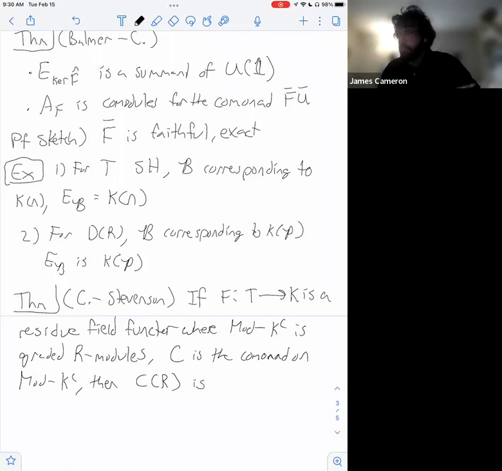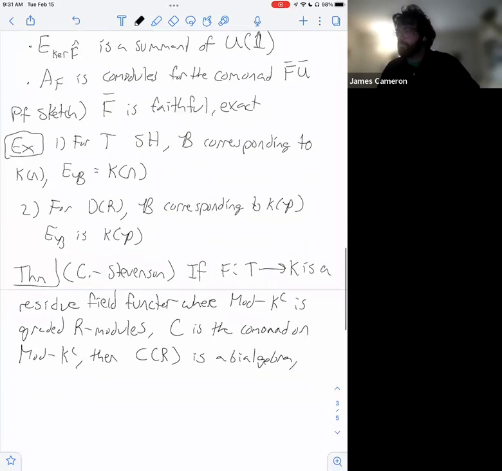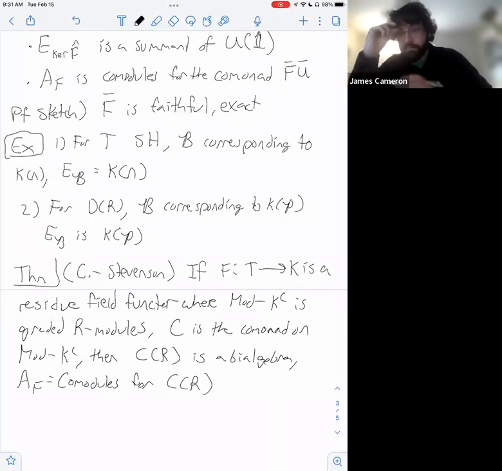this is a bialgebra. And this category A_F, this category of homological residue fields, is comodules for this bialgebra C(R).